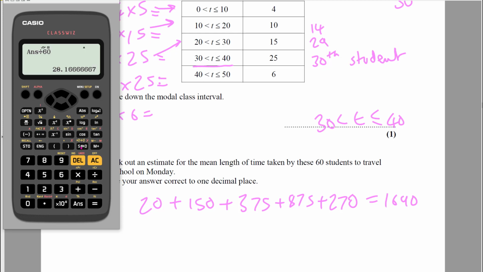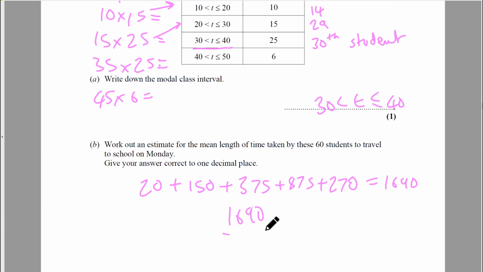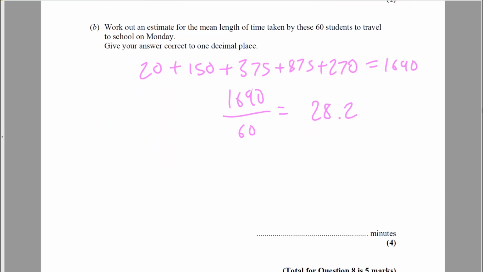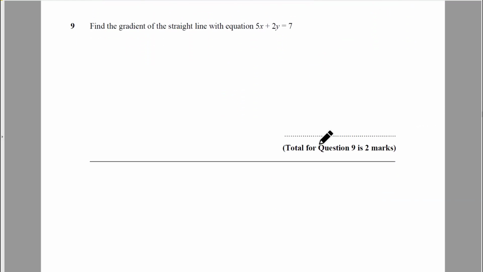It's just a 1 decimal place, so be careful. Press the SD. That's 28.2. That's 1 decimal point, and that will get you your 4 marks, nice and easy.